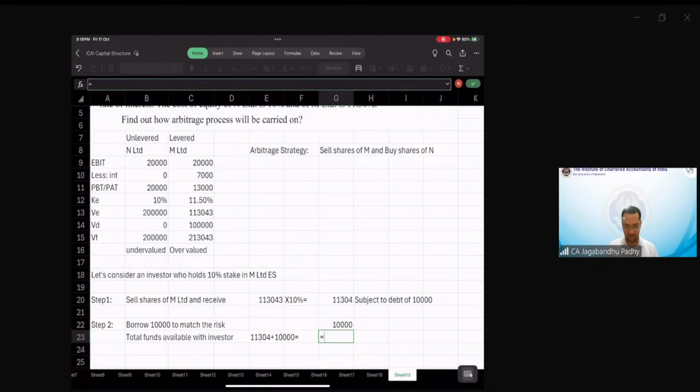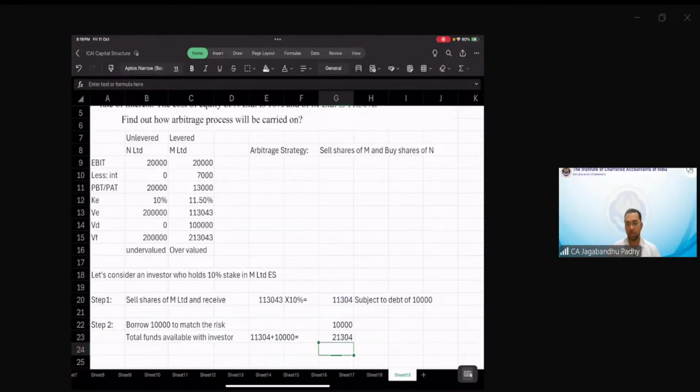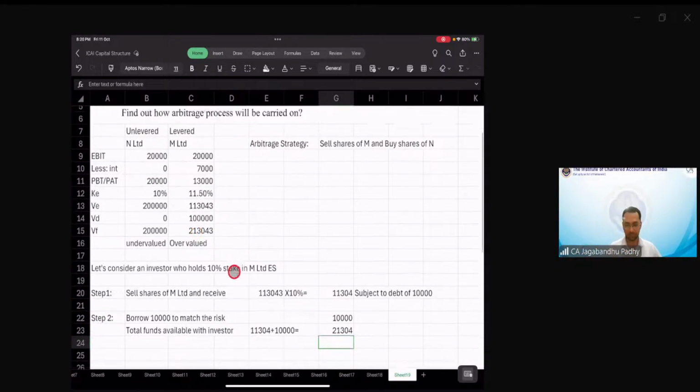So essentially the investor has a total of 21,304, which is the same situation as earlier. When you were an investor in this company, you were entitled to 10% of the assets, which is 21,304, out of which your investment was 11,304 and 10,000 was debt taken by the company.